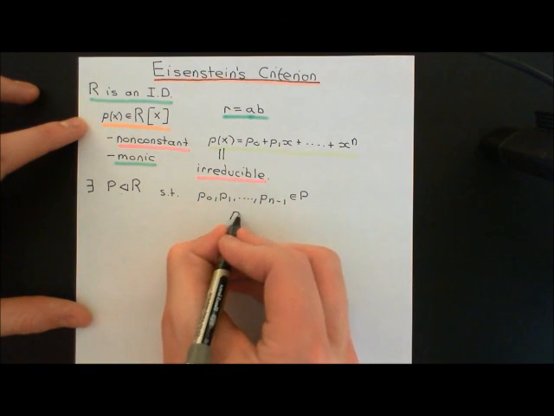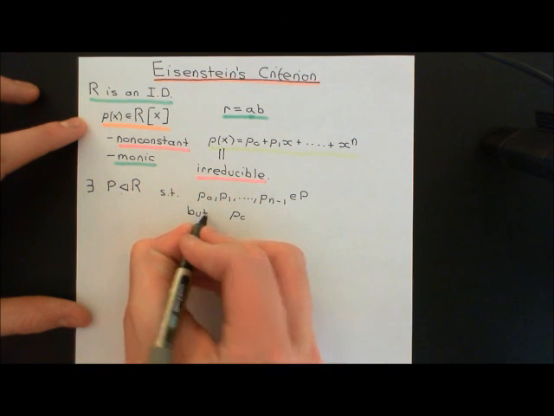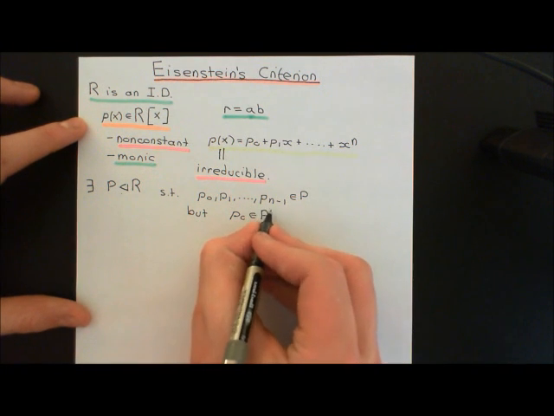However, p0 is not an element of P squared.